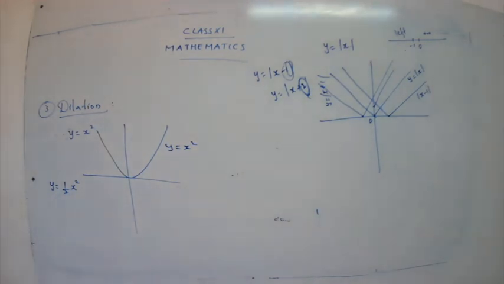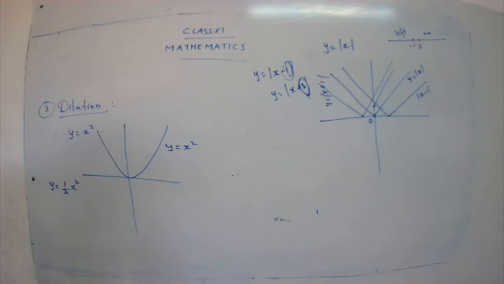If the multiplying factor is less than 1, what happens? See here, children, you can see the second paragraph under dilation: if the positive constant is greater than 1, the graph moves away from the x-axis, and if the positive constant is less than 1, the graph moves towards the x-axis.